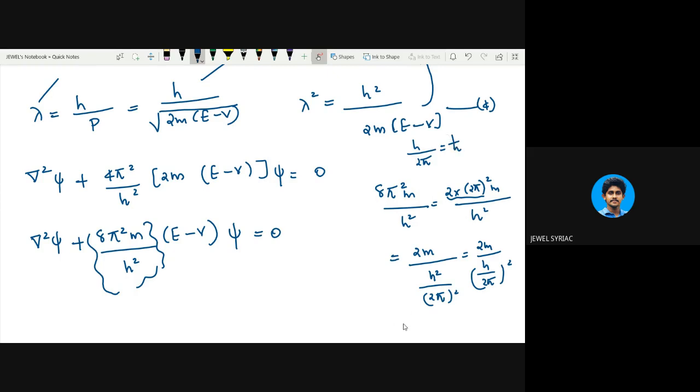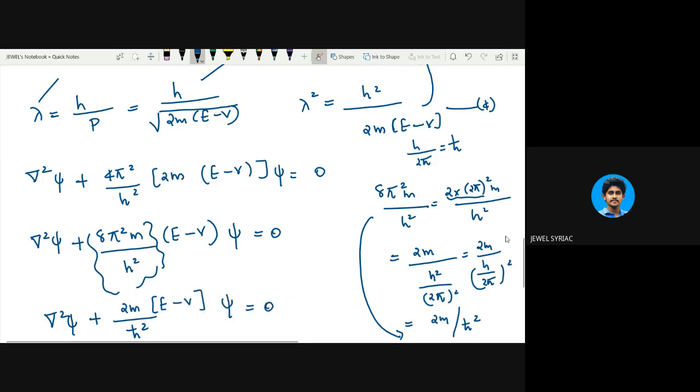So this expression can be written as 2m by h cut square. Understand? So our wave equation now reduces to del square psi plus 2m by h cut square into E minus V, psi equal to 0.